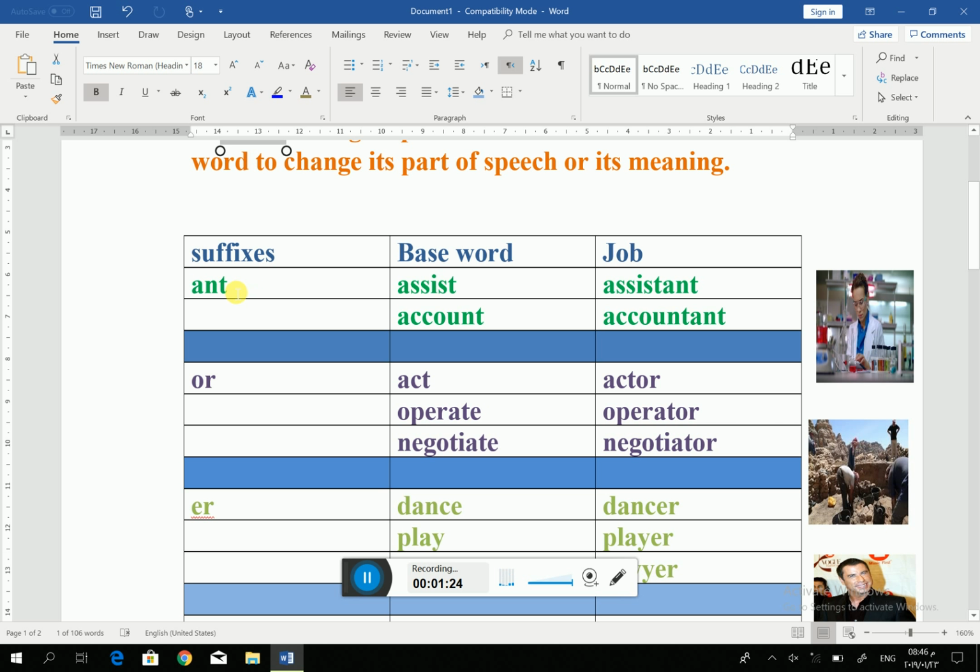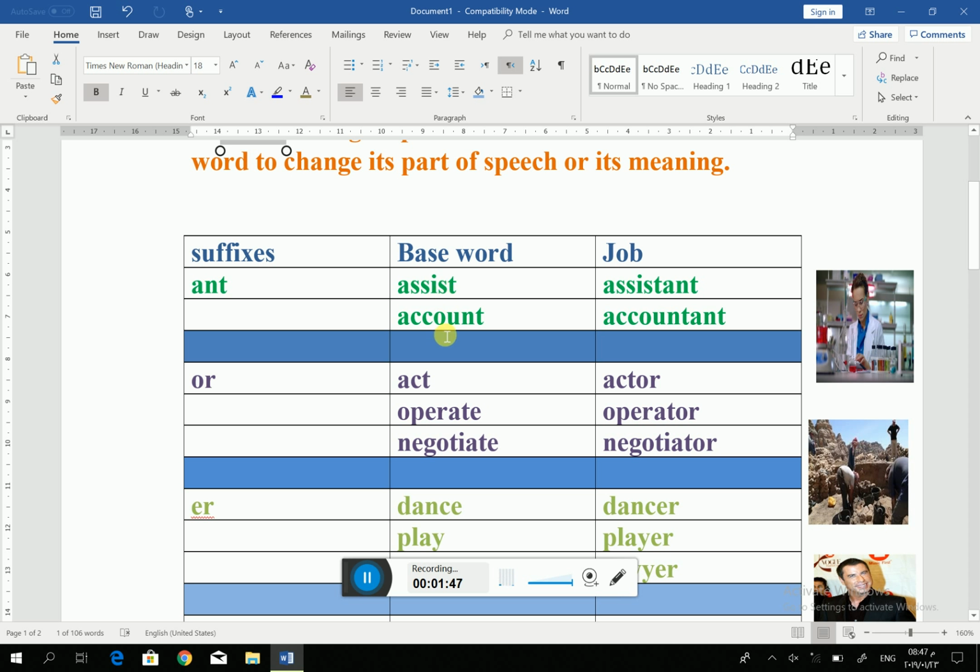The first suffix is ant. Ant can be added to the end of the word to make a job. For example, assist, assistant, account, accountant. Assist means help somebody. If you could help somebody, you may be an assistant.